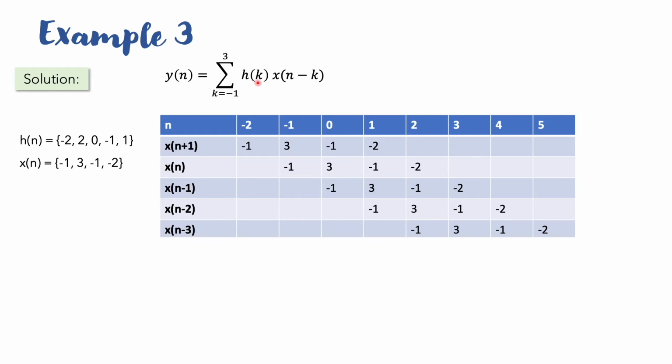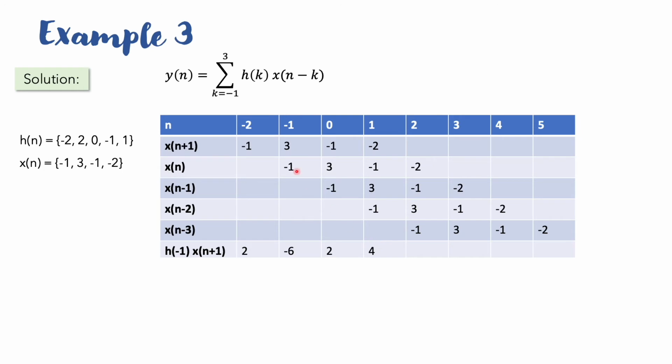So h[-1] and x[n+1], right? So for the first one it is -2 here. So this whole sequence will be multiplied with -2 and laid down here. When we multiply it with -2, it gives us 2, -6, 2 and 4, right?